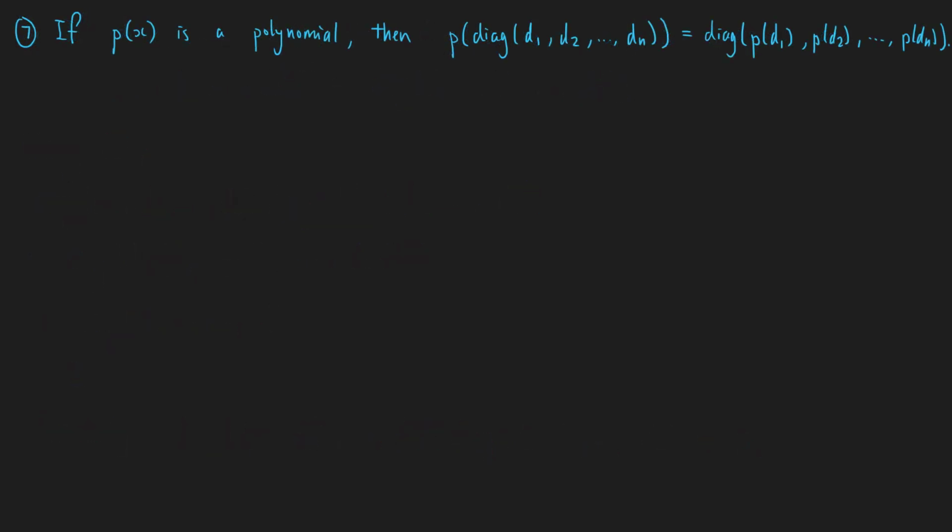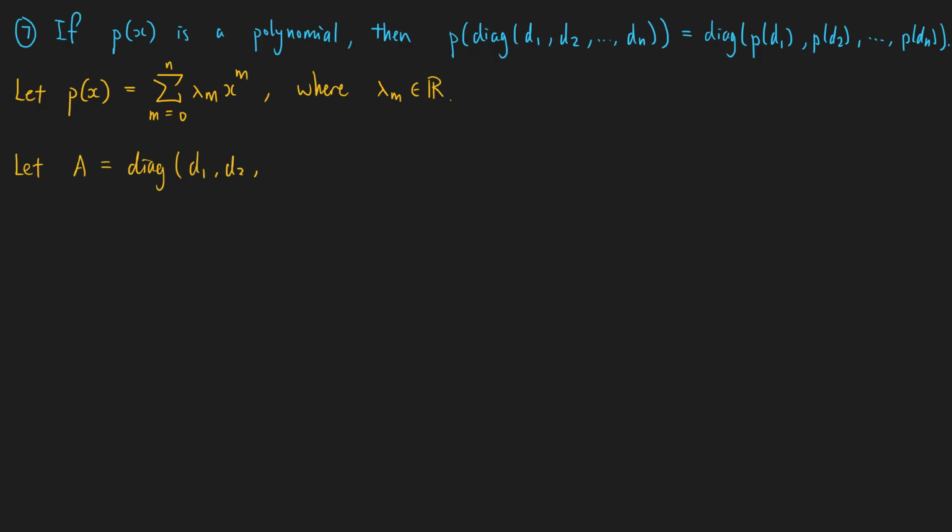As the last property, if P of x is a polynomial, then P of the diagonal matrix d1, d2 up to dn equals the diagonal matrix with main diagonal entries P of d1, P of d2 up to P of dn. To prove this, let P of x equal the sum from m equals 0 to n of the terms lambda m times x to the m, where lambda m are real numbers. Let A be the diagonal matrix d1, d2 up to dn.